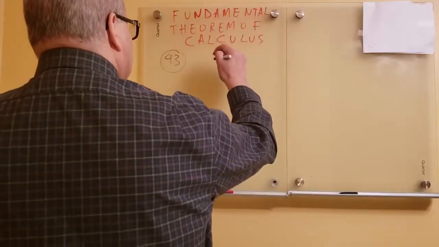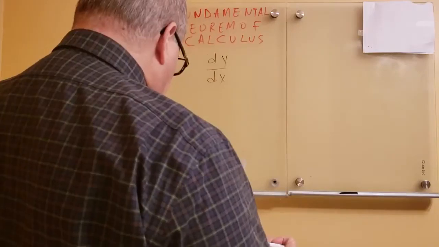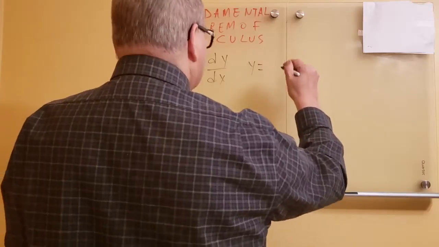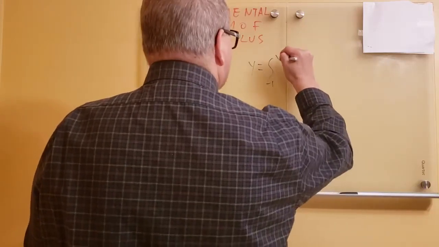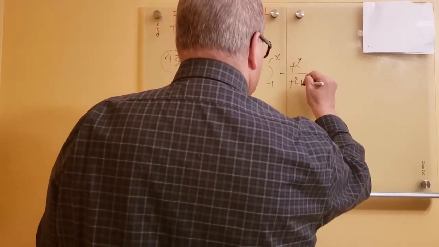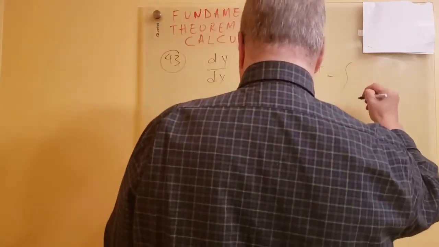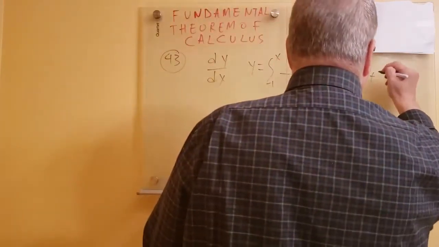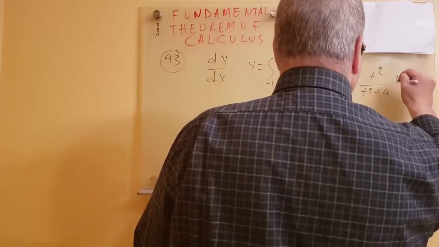For problem 43, we have to find dy over dx of the function y, which is given by the formula: the definite integral from -1 to x of t squared over t squared plus 4 dt, minus the definite integral from 3 to x of t squared over t squared plus 4 dt.